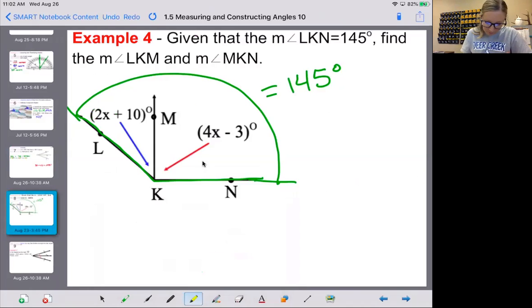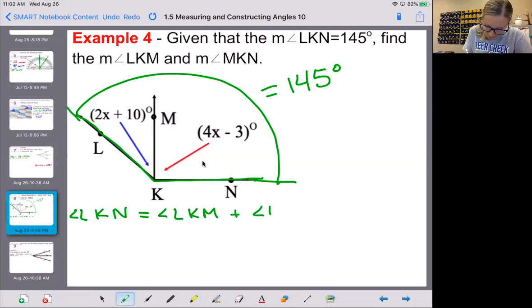So the big angle, LKN, is equal to, let's say the blue angle, because it has that blue arrow, angle LKM plus angle MKN. Y'all following where I'm getting this from? The blue angle is LKM, and then the red one on the right side is MKN. So basically I'm saying the big one is equal to the two smaller pieces added together.